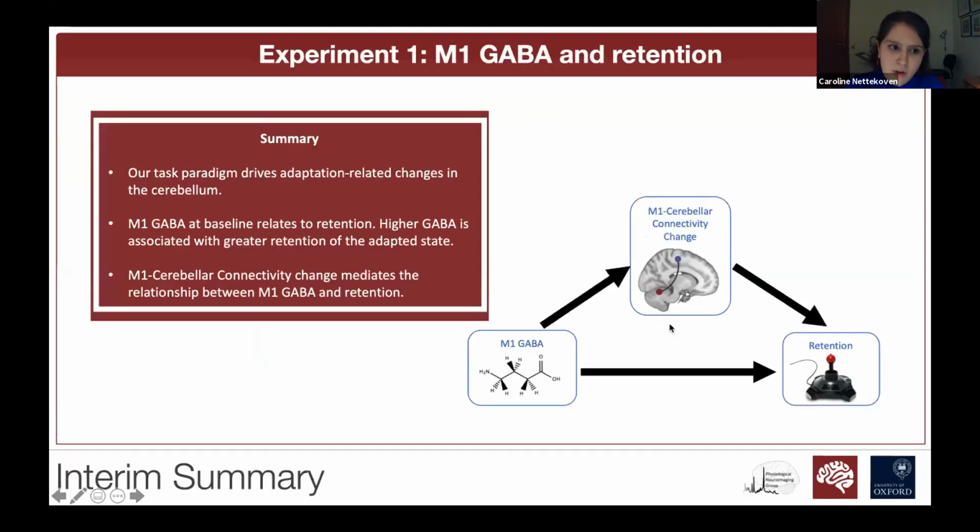Just to summarize all of this, I showed you that adaptation increases connectivity in a cerebellar network in a way that is performance relevant. We find that there's a relationship between early M1 GABA and retention of an adapted state. And we also find that this relationship is mediated by the connectivity change between left M1 and right cerebellum.